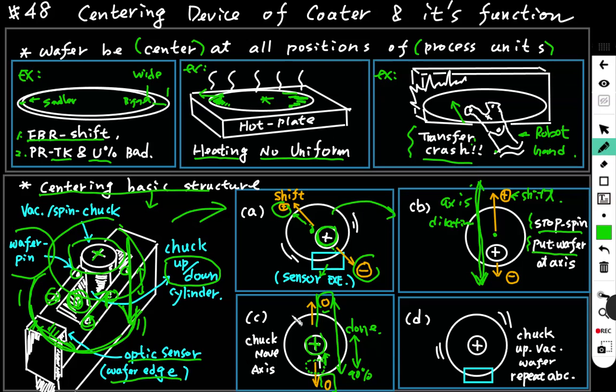So maybe this axis still has a little bit of shift. So about 10% adjustment remains. We continue to do step A and B and C.